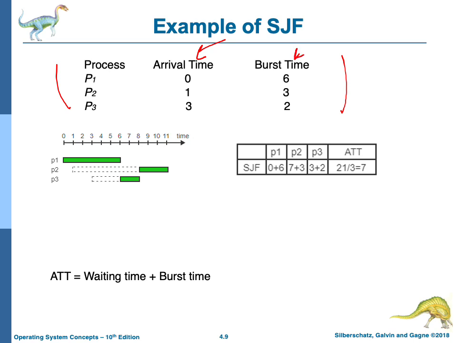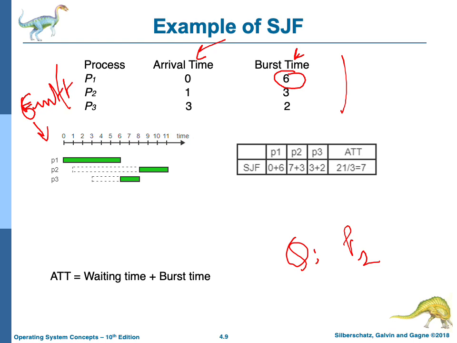So at time 0, again, this is the Gantt chart. At time 0, process P1 arrives. Since at time 0, the queue has simply process P1, it's the only one, so we start running P1. So P1 starts running from 0 all the way to 6.